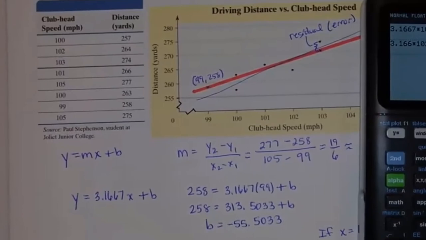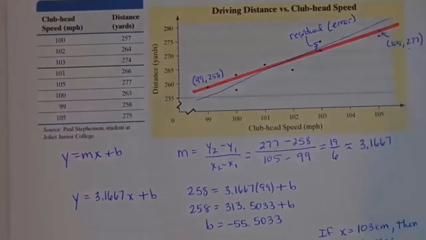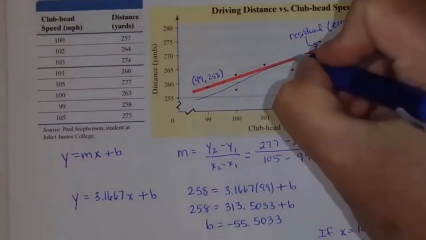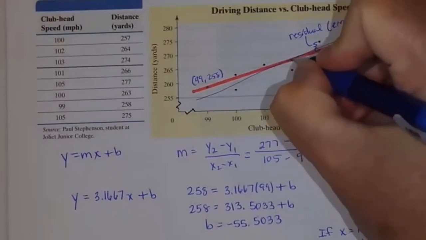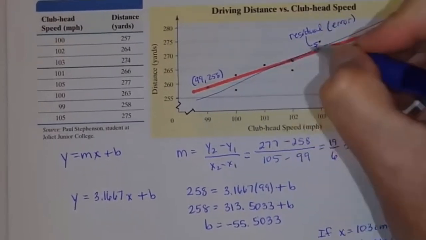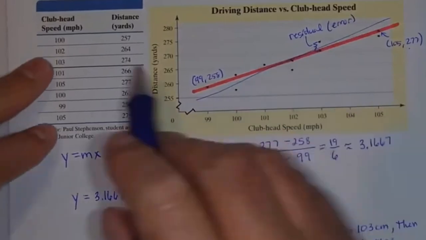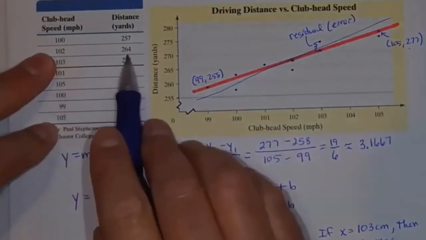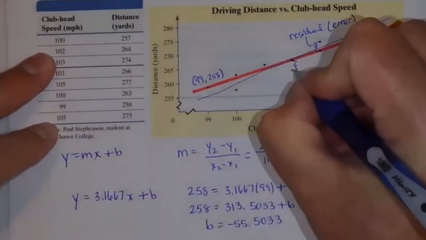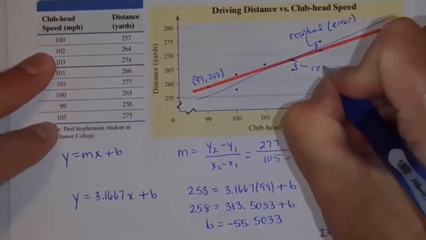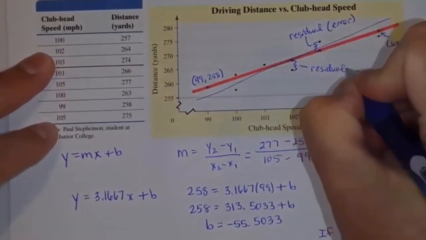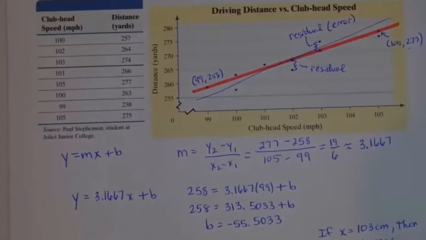So if I had a 102 centimeter long bear, I would predict that that bear would weigh about 267.4 kilograms, which would be right here on that line, 267.4. But the 102 centimeter long bear actually weighed 264 kilograms, not 267 kilograms. So again, I have a residual or an error. My model has error.